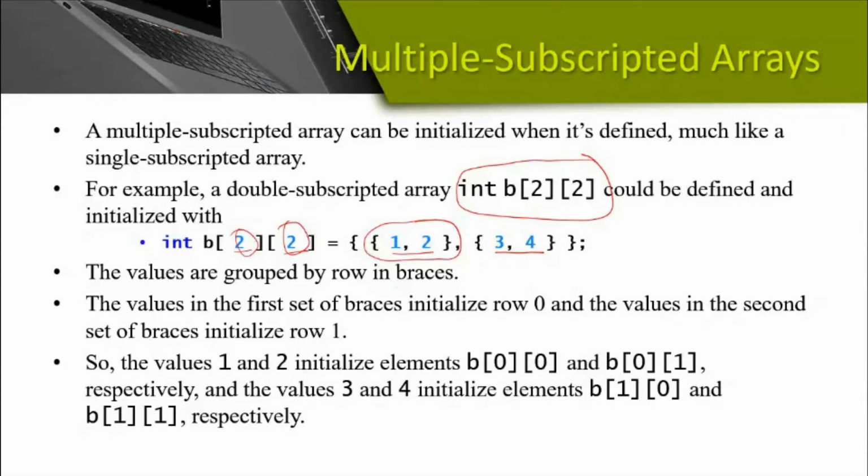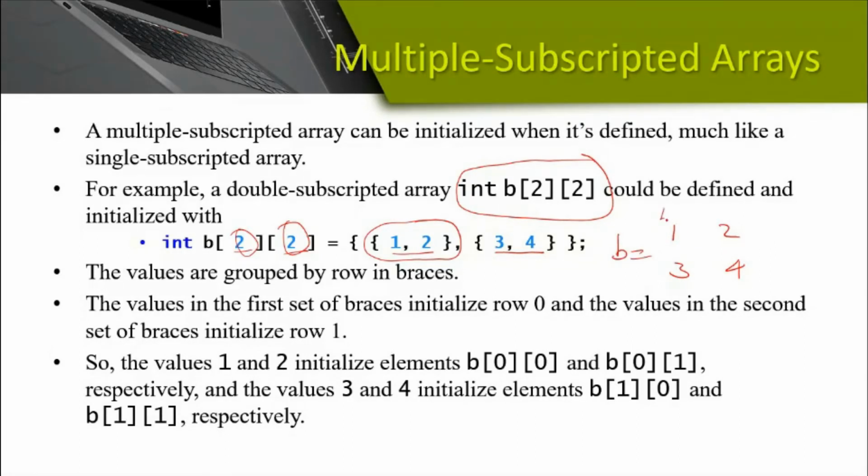That is, all the numbers in a particular row will be put inside a brace, then we put a comma, then the second set of values for the second row will be put. So 3 and 4 will be the second row. It will be something like this: 1, 2, 3, and 4. This will be the array b.